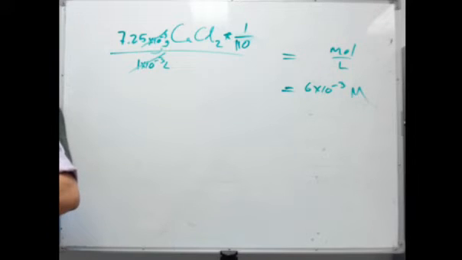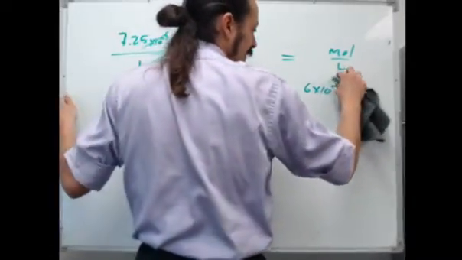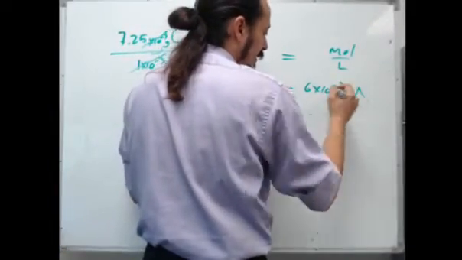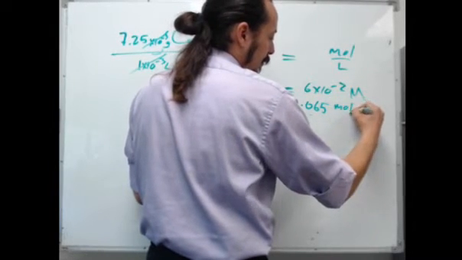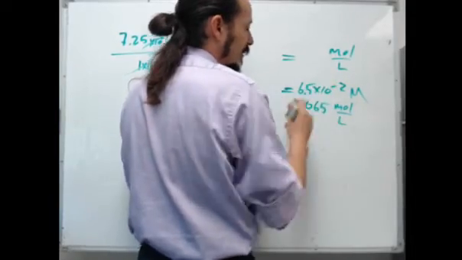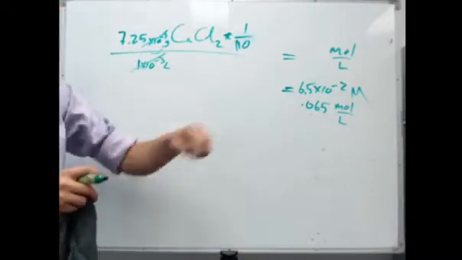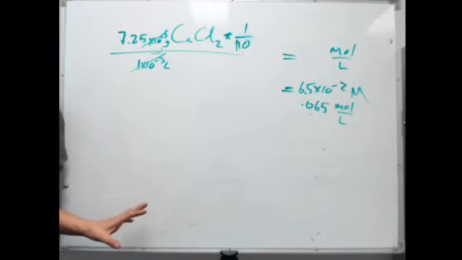Oh, I'm off by an extra digit. 0.065 moles per liter. I rounded too much. 6.5 times 10 to the minus 2 is the same as 0.065. Right? That's all it was asking us to do.